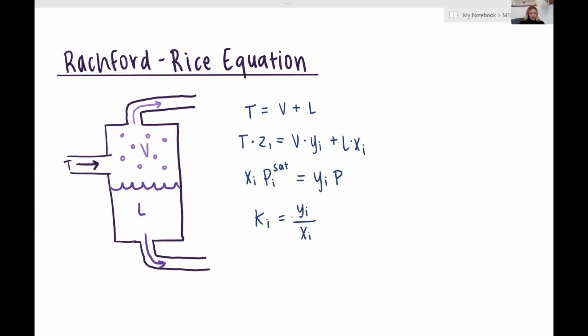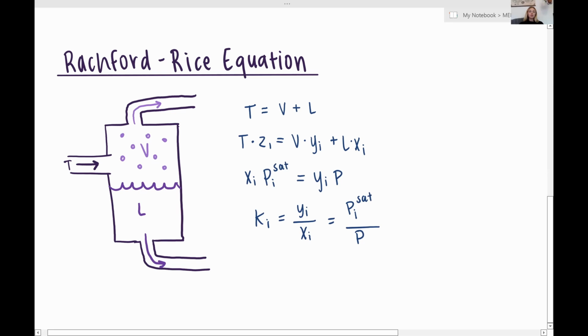So one other thing that I forgot to mention about Ki is that if we're looking at our Raoult's law here, and we divide both sides by xi, then we can solve for the ratio expressed by Ki, so we would have yi over xi, and then we would get that our Ki is equal to our pure saturation pressure over our total pressure.